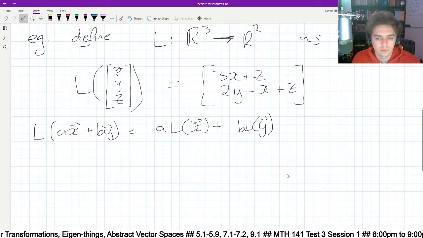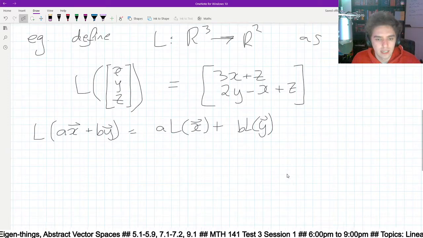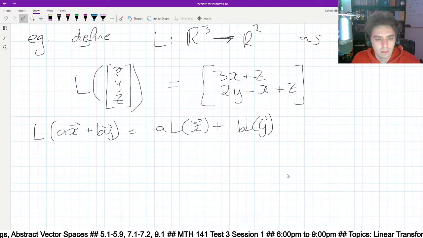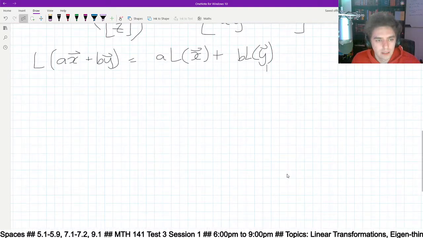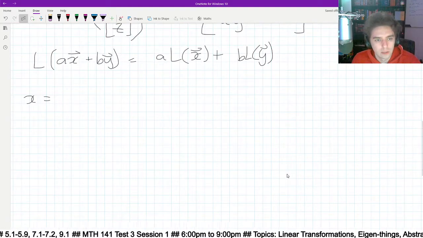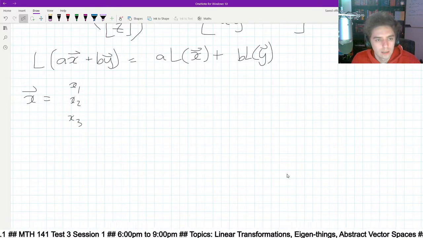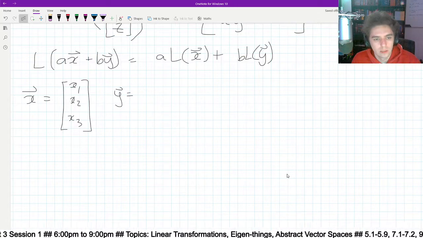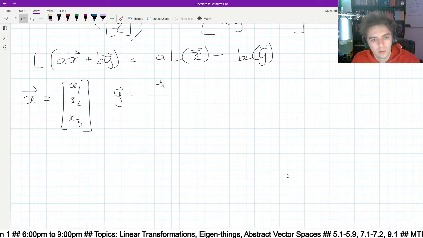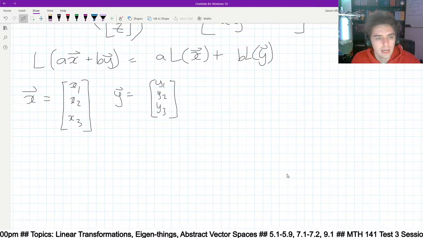Okay. So let's start with the left side here, right? So if I take a vector x equals (x1, x2, x3), and y equals (y1, y2, y3), and I put that in here.